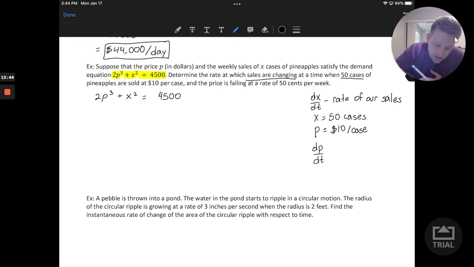And so when we try to find this dP/dt, that would actually be representing how the price is changing over the weeks. So the price is falling right now at a rate of 50 cents per week. That would be our dP/dt, how the price is changing over time. And we would say that would be falling, that would be negative 50 cents per week.